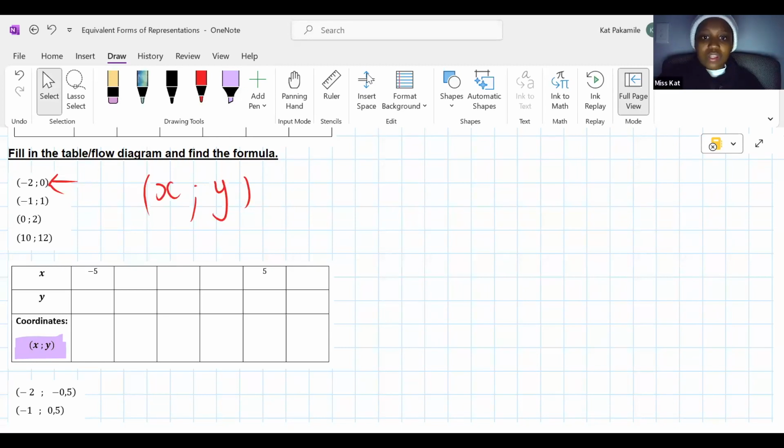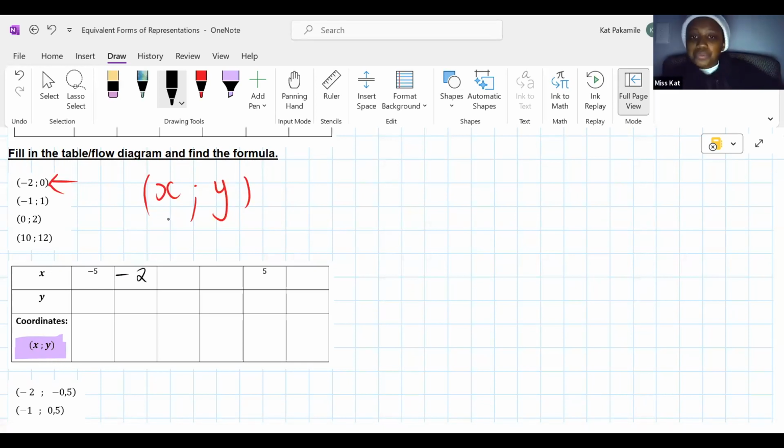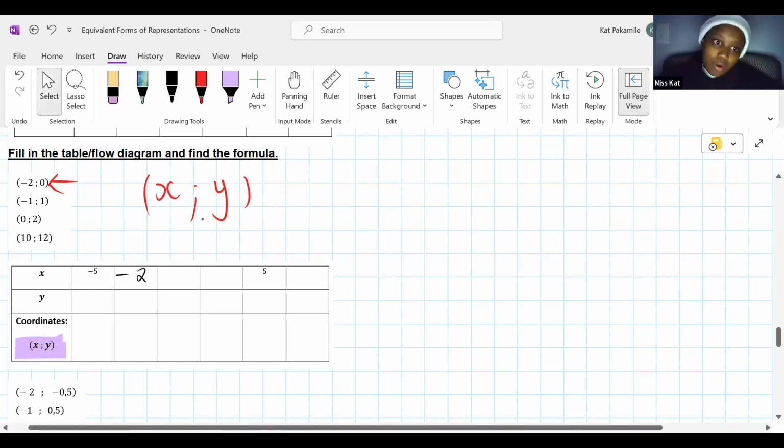Okay, guys, so we've all established that X comes first. So in our first coordinate, which one is X? Is it -2 or is it 0? There we go, guys. So here you're going to fill in -2. For -2, your Y is what? 0. See, guys?